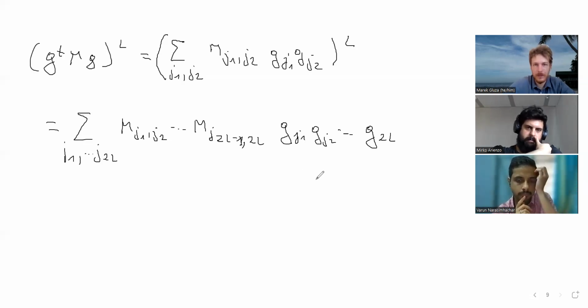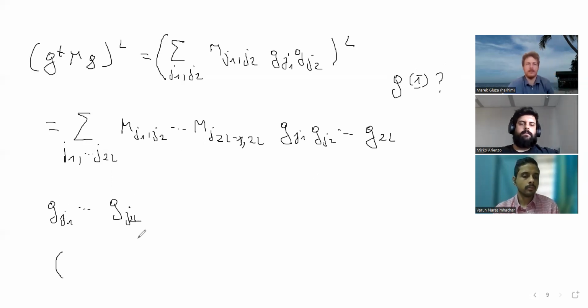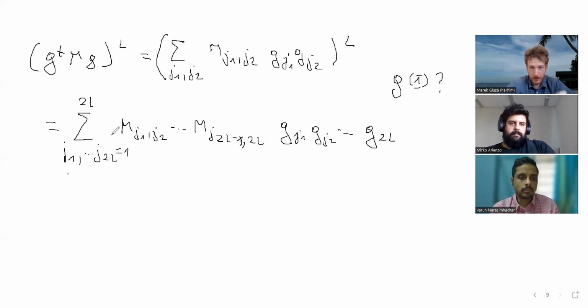Now the next problem is that I need to find G1 until G_{2L}. Sorry, I went a little bit too fast, because what we need to realize is that none of those indices, j1 from 1 until 2L, is allowed to repeat.